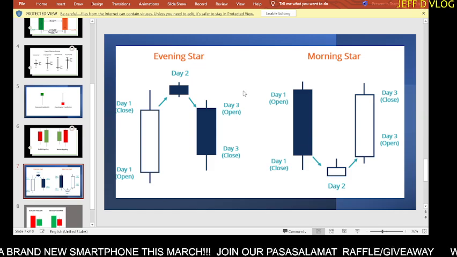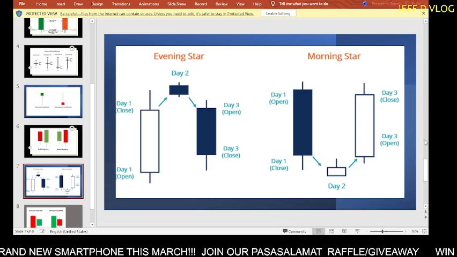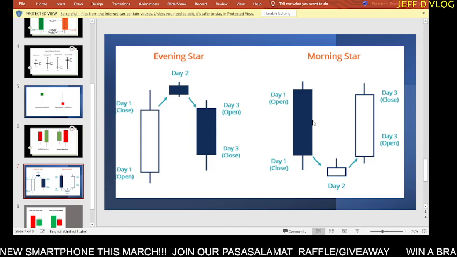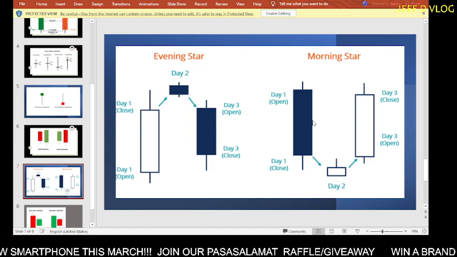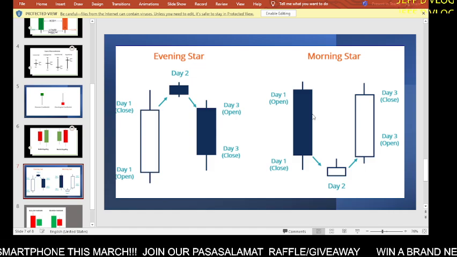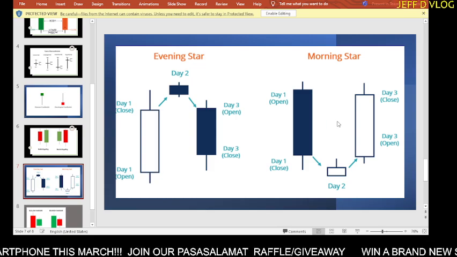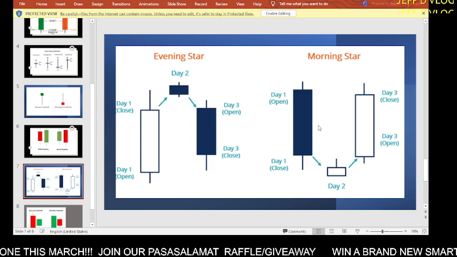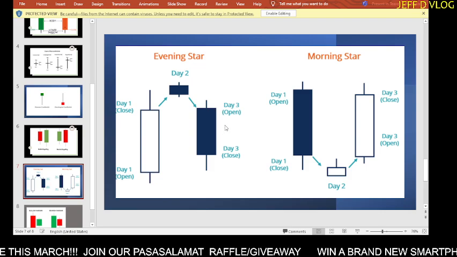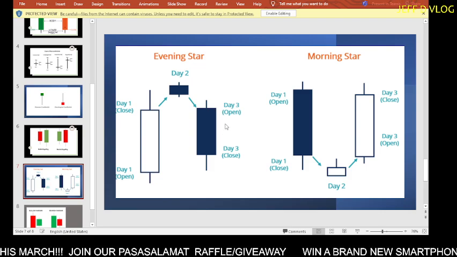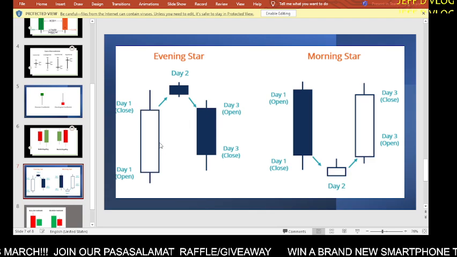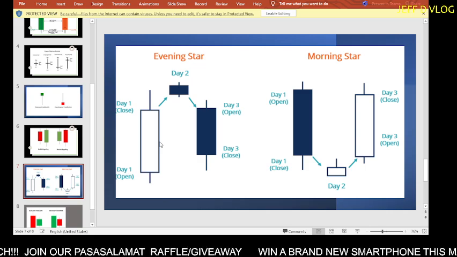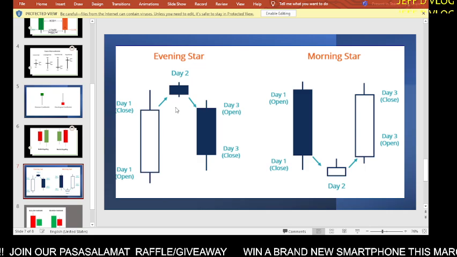We have the evening star. Again, this one indicates selling pressure. It comes from a bull market, and we have this bullish candle. So the evening star shows the opposite. You have the bullish candle first, followed by the minor candle.